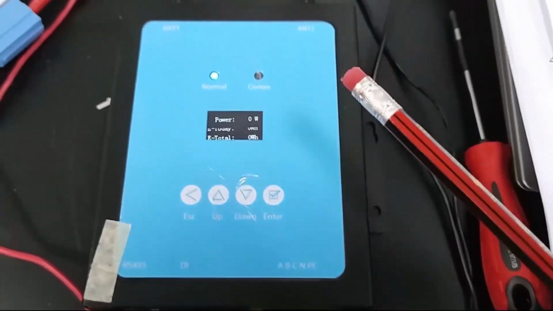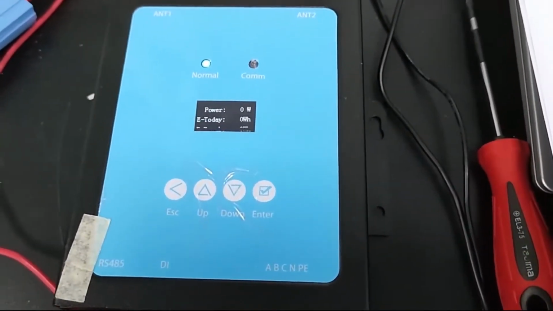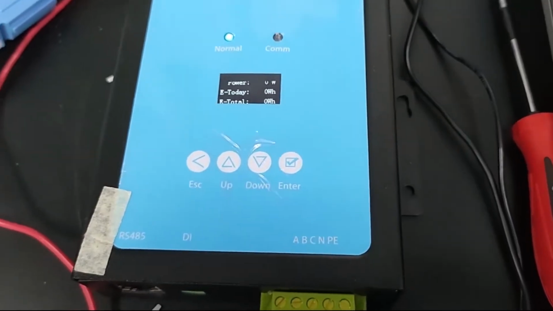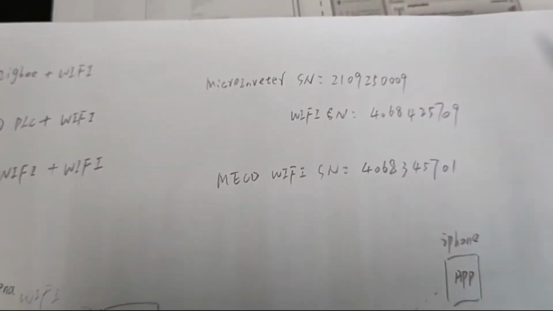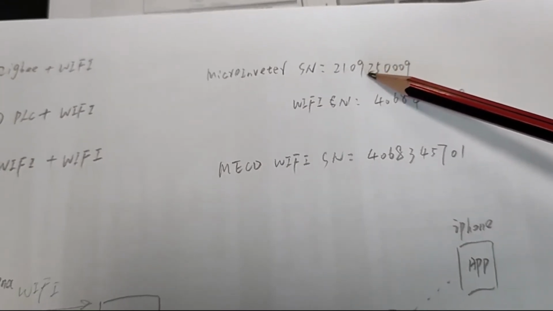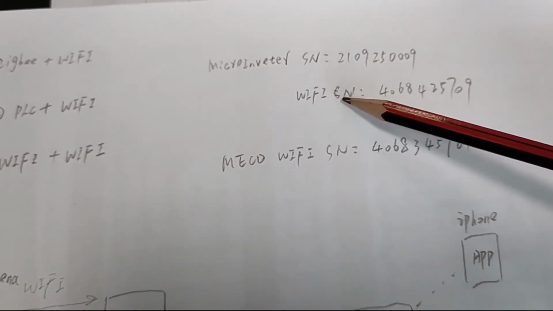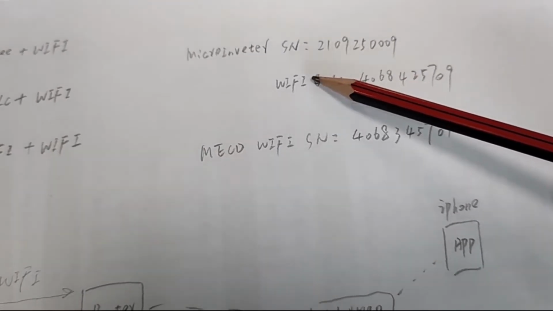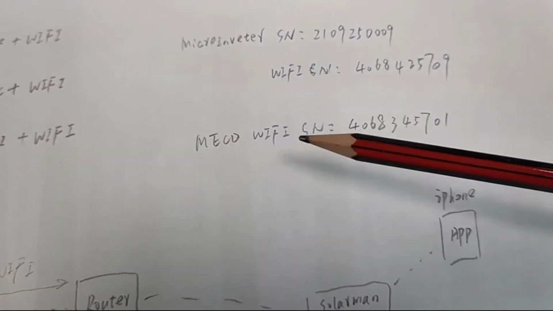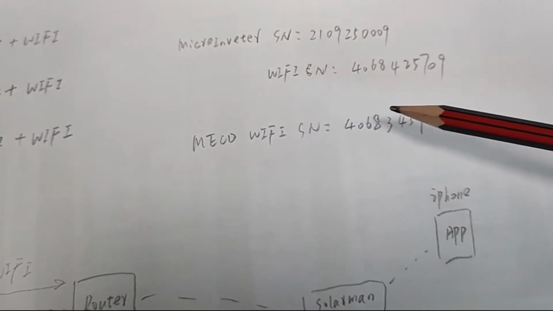Now here is the MECD. Okay, I already wrote down the microinverter serial number, and this is the Wi-Fi serial number of this microinverter, because there is a Wi-Fi module in this inverter. Here is the MECD Wi-Fi serial number.